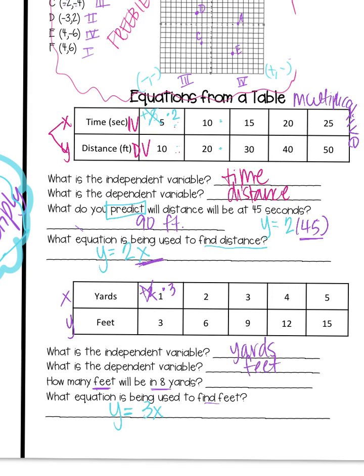Miss Gentry read it wrong. How many feet will be in 8 yards? Okay, so if I'm going to substitute here, I would have y equals 3 times 8. I took this right here and I substituted this 8. What's 3 times 8? 24 feet. Okay, perfect.